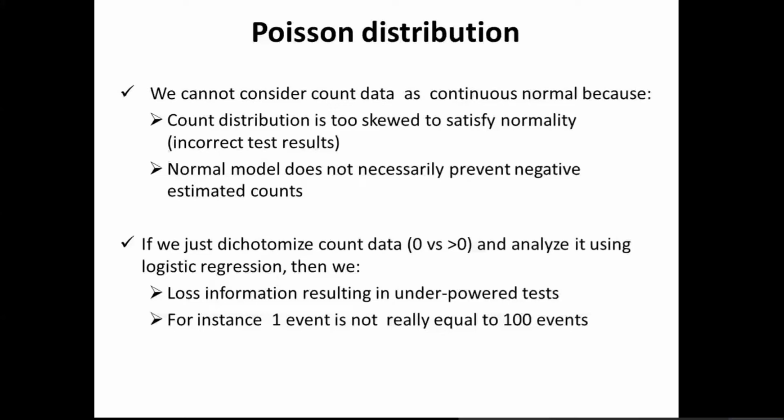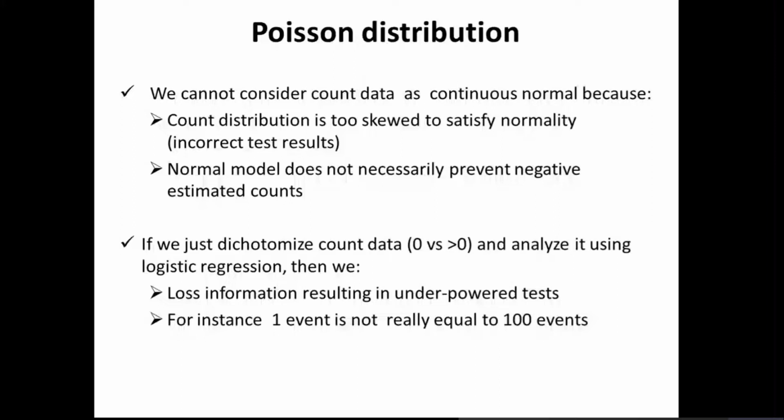We cannot consider count data as continuous normal because count data are usually skewed. Normal models do not necessarily prevent negative estimated counts. We don't have negative outcomes in the case of count data, but if we approximate it with a normal distribution, then you will have negative counts.